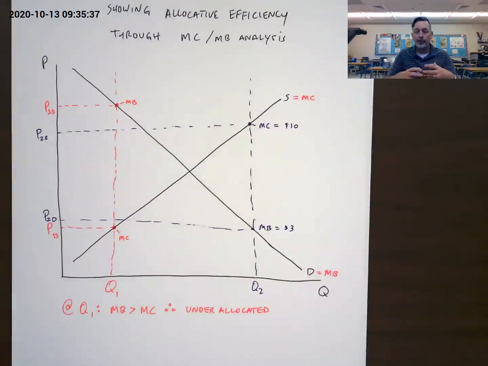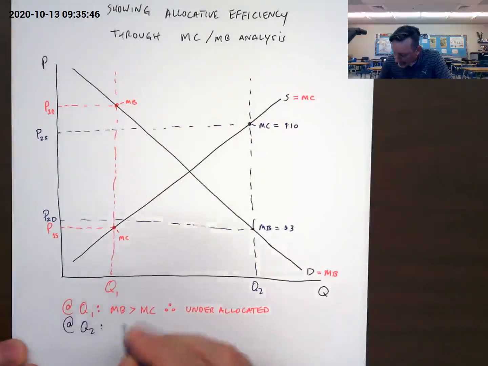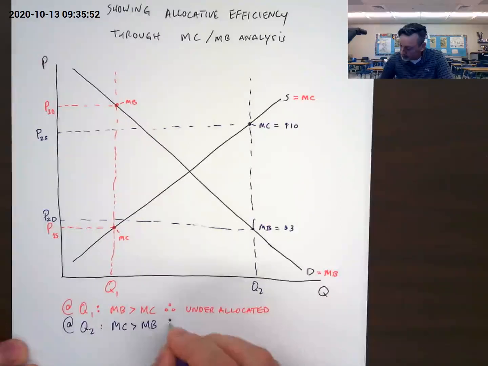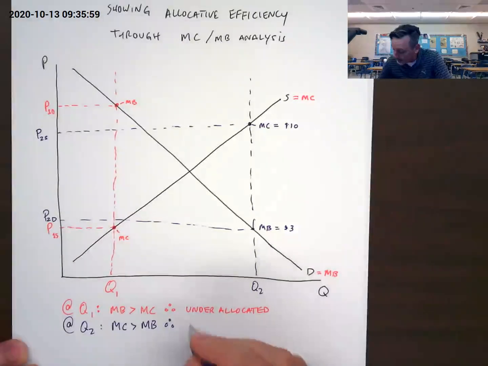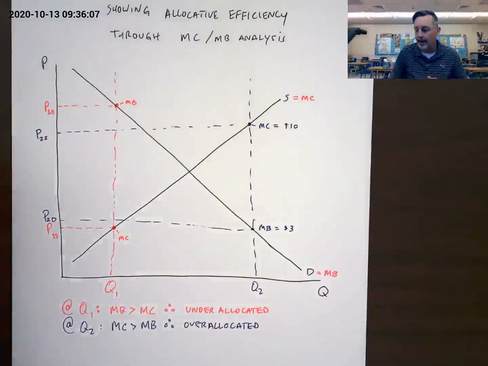We're using too many of our resources to create not enough happiness. So what can we say? At Q2, marginal cost exceeds marginal benefit. What that means is we're using up too many of society's resources for not enough happiness. Another way to put that is that we are over-allocated. All right?